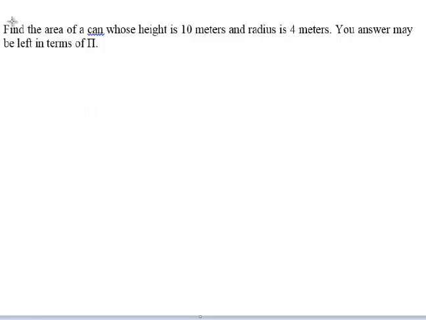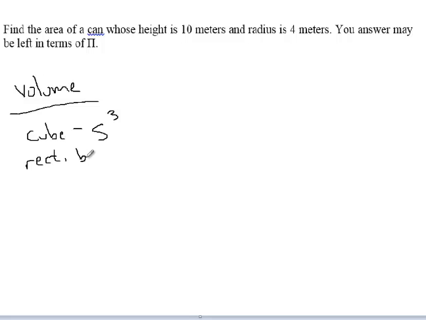For a cone, it's 1/3 pi r squared h. Let me write them down over here, the volume formulas. For a cube, which is a box that's exactly equal on any side, it's any side to the third power, because all the sides are the same. For a rectangular box, it's the length times the width times the height.